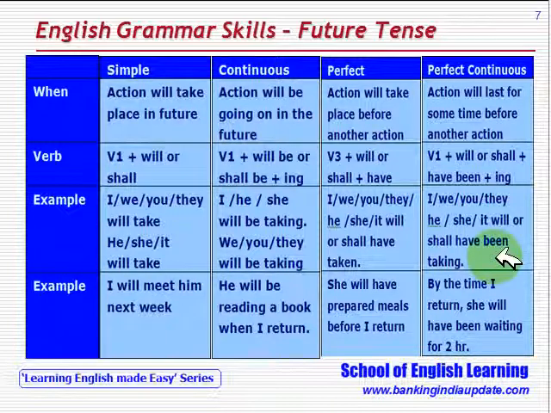Another example, by the time I return, she will have been waiting for 2 hours. So action will last for some time before another action. So I return, one action. So she will have been waiting for 2 hours, another action lasting for some time.